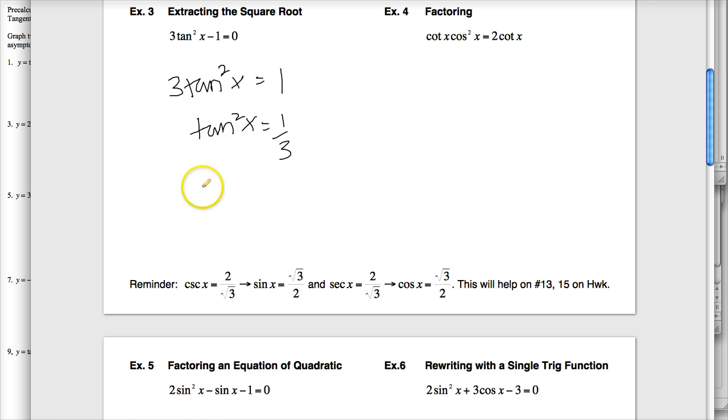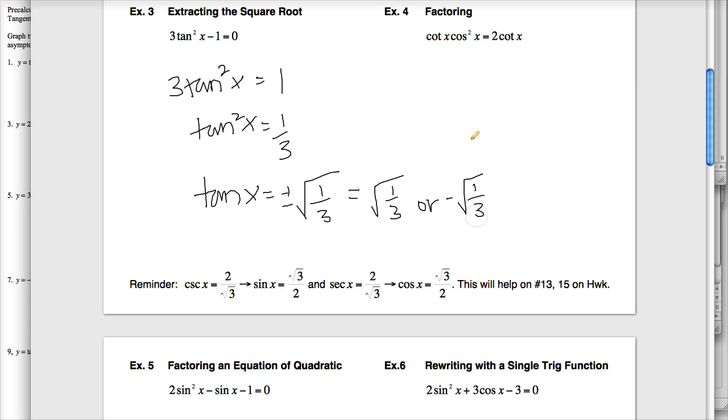Okay, so far? And then, since it's tan squared x equals 1/3, I'm going to have to square root both sides, which means tan x is equal to the plus and minus square root of 1 over radical 3. So again, back to my unit circle, I need to figure out, and there's going to be multiple answers here, where does tangent x equal 1 over radical 3 or negative 1 over radical 3?